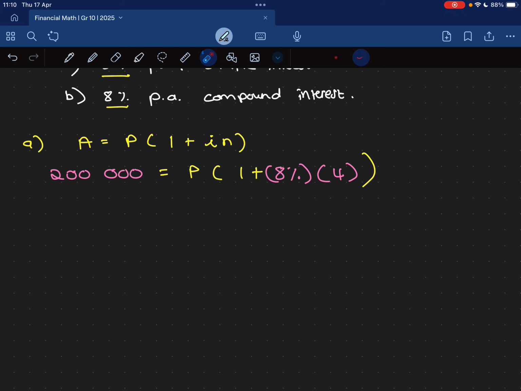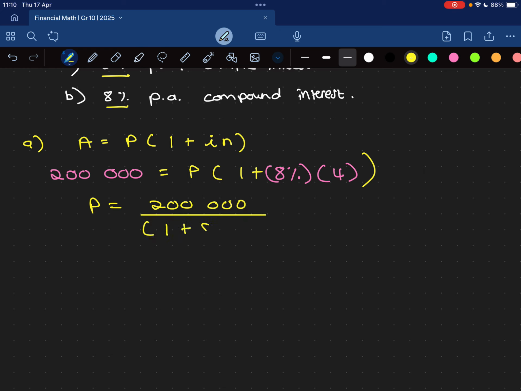So if you have P multiplied by this, then the only way that you can solve for P is to divide by this in order to get P on its own. So if you divide both sides by that, you'll have 200,000 divided by 1 plus 8% times 4.